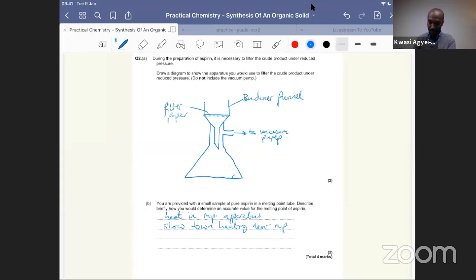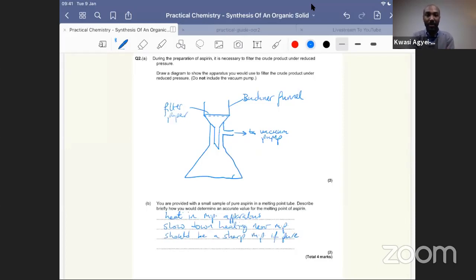So it should be a sharp melting point if pure.